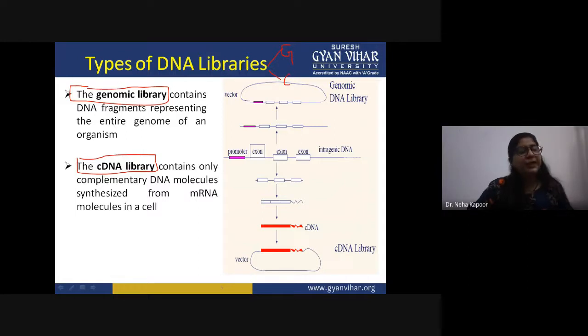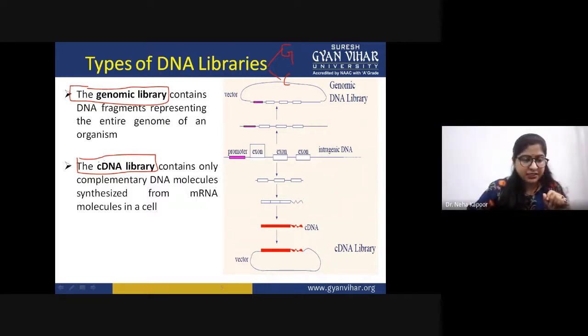In the genomic library, as the name suggests, the library comprises all the DNA fragments that represent the entire genome of an organism. That is why we call it a genomic library. However, cDNA is complementary DNA.